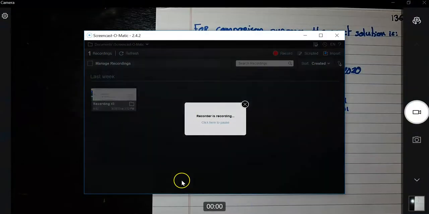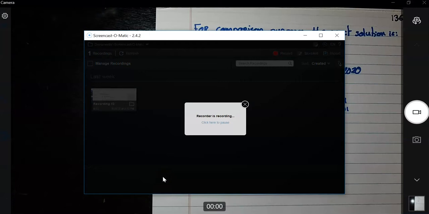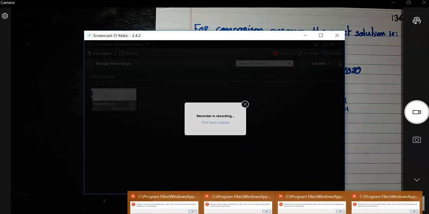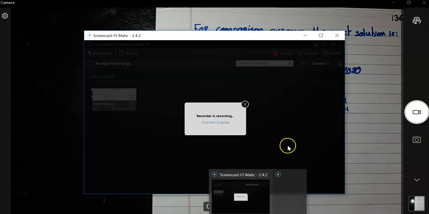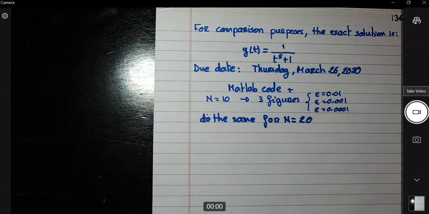Let's see where I can close this. I don't want to pause. I actually want to finish this. Alright, I don't have that screen showing up. Sorry for that, guys. I'm just trying to close this, but I don't find the stop button.